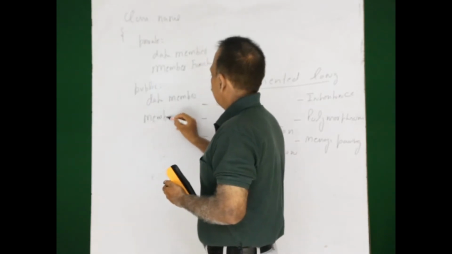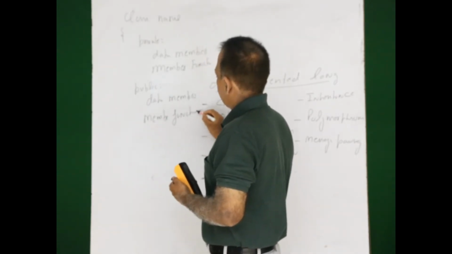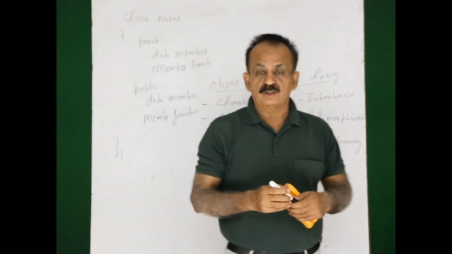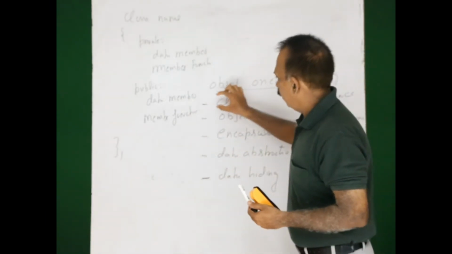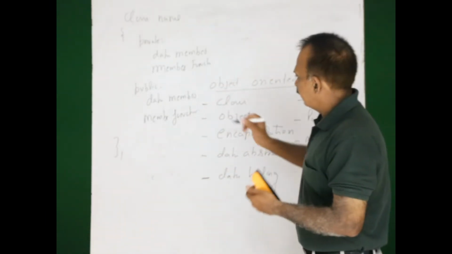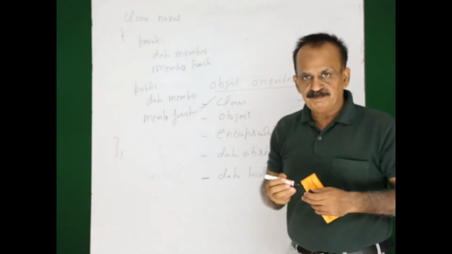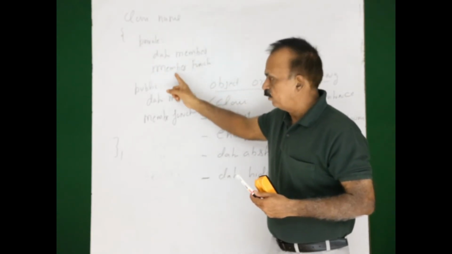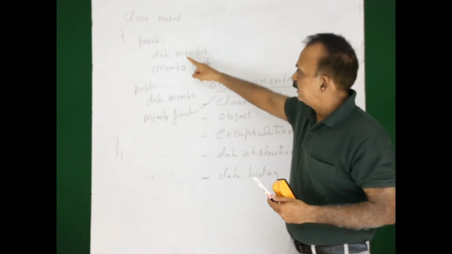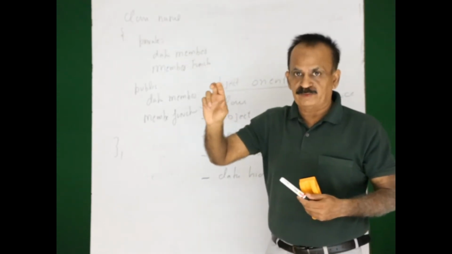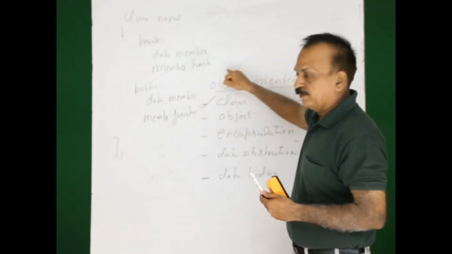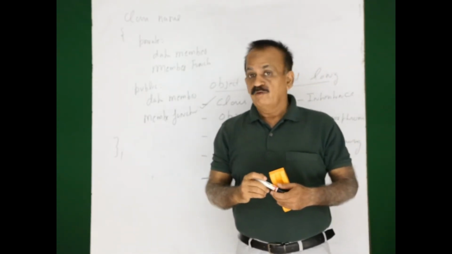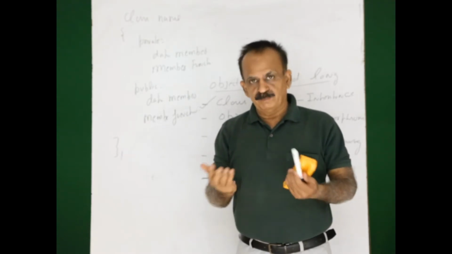Data members represent the values associated with the class, and the member function represents the operations performed on that particular class. Now, what basically is a class? Class is a user-defined data type which is a combination of data items and the operations performed on those data items. Data members represent the values associated with the class, and the member function represents the operations performed on that particular data item. For example, I said employee, I said book.